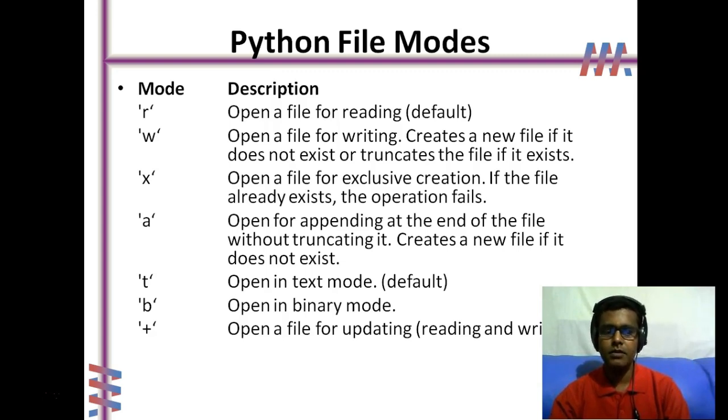Next is b: whenever you write images, audio files or video files, you go for this mode, that is binary mode. The next one is plus. When I specify plus, it shows that I am going to open a file for updating, both read and write.